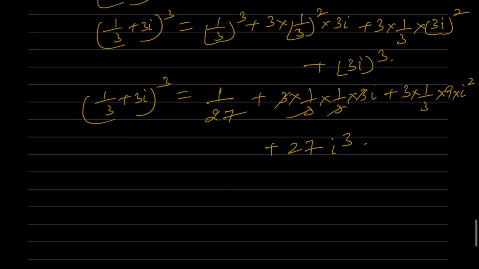So you can write this as 1/27 plus, here you are left with only i, because all are getting cancelled, so only i is left over there, plus here one 3 will get cancelled, so you are getting 9i square plus 27i cubed.